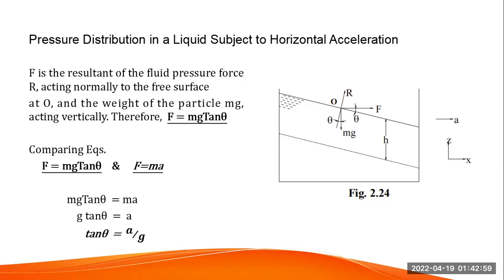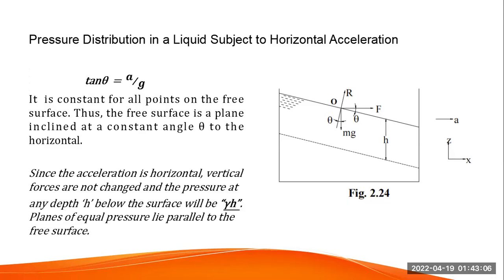Okay, so yan yung ating first formula na tatandaan. So next, with that formula, it is a constant for all points on the free surface. Itong ating free surface ng ating liquid. Thus, the free surface is a plane inclined at a constant angle theta to the horizontal.